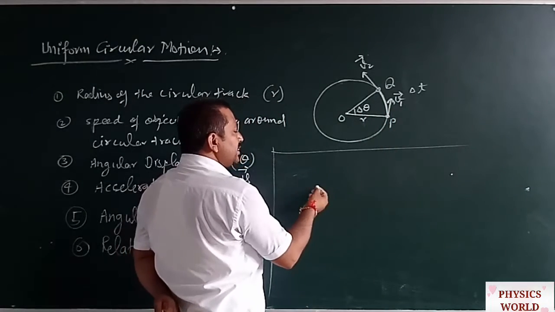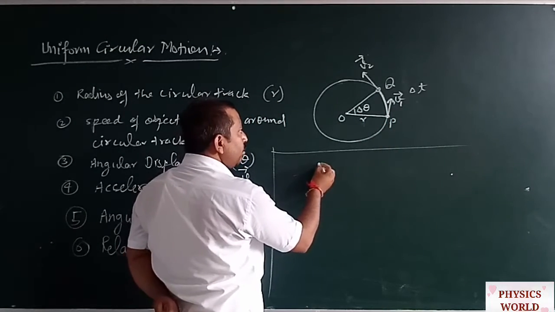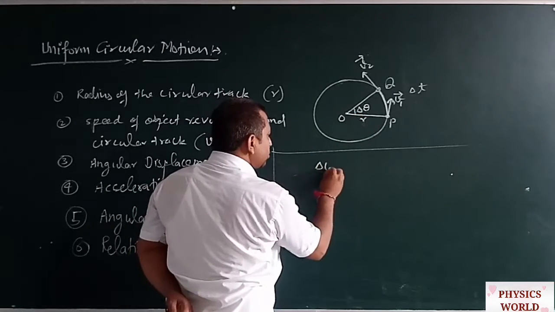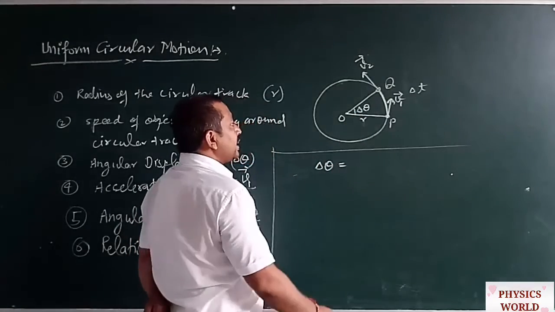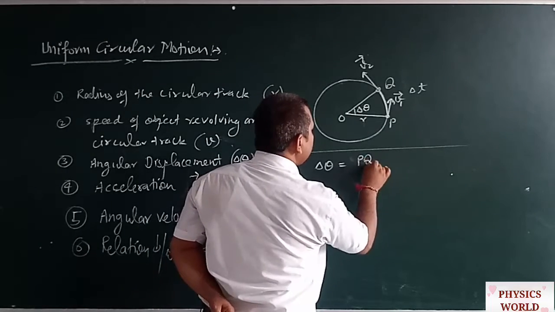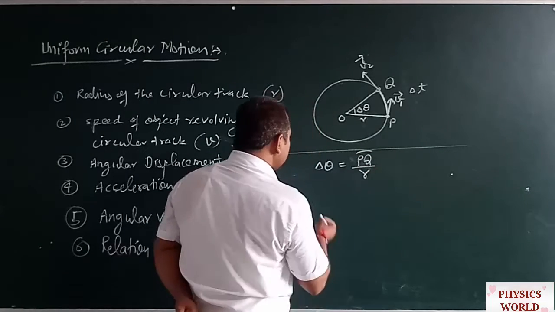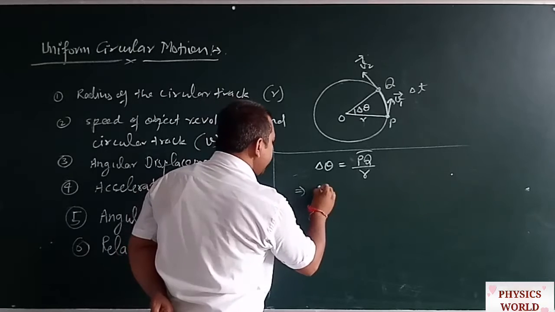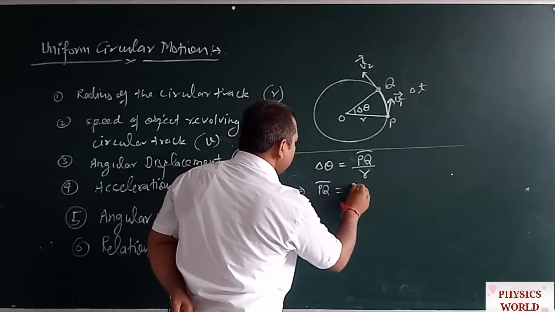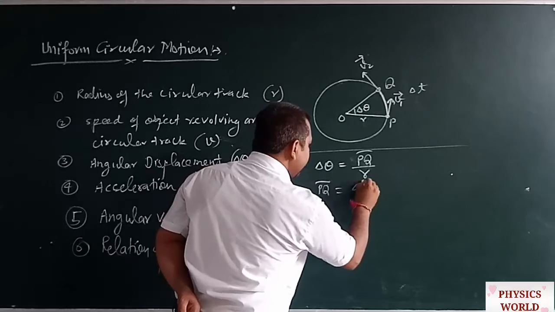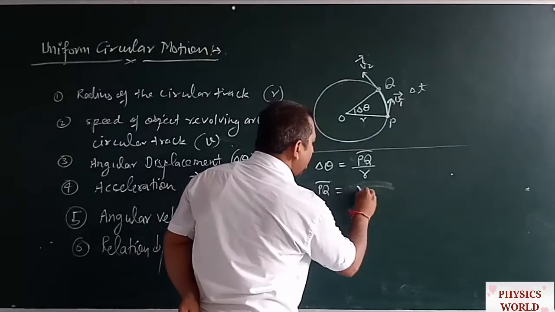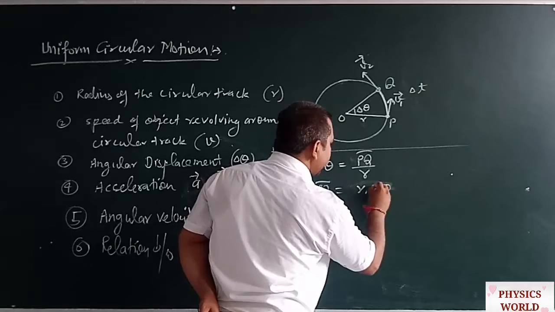According to the definition of angle, angle equals arc upon radius, that is PQ divided by R. So from here we get PQ equal to delta theta dot R. You can write it as R dot delta theta.